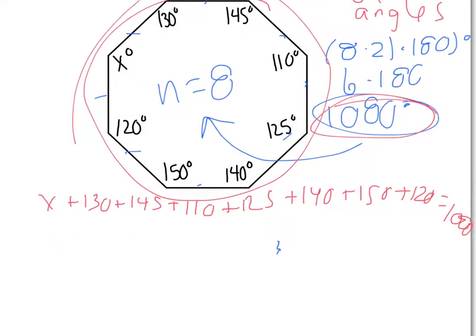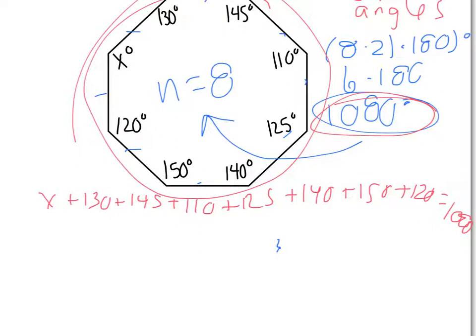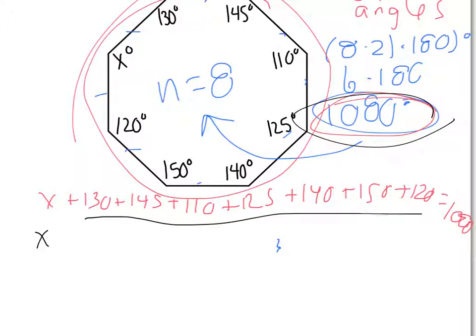So the second step is to add them all up and set them equal to the number you found. So I have 1x, and if I add up all of these numbers together, I have a calculator, so 130 plus 145 plus 110 plus 125 plus 140 plus 150 plus 120. I got 920.